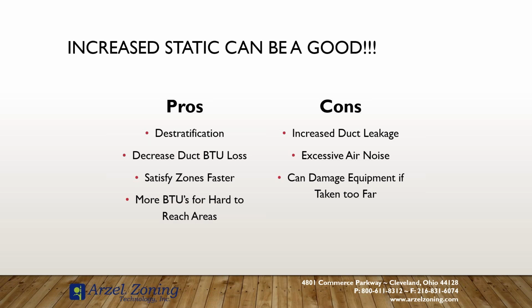destratifying. So when we look at satisfying zones too quickly, maybe the equipment's oversized. Oftentimes we run into an issue of pockets of hot air, pockets of cold air, things like that. But when we use zoning appropriately and we increase that static, we do satisfy the zones more quickly, but we're forcing that air into the zone at a greater rate, and that helps to reduce those hot and cold spots.